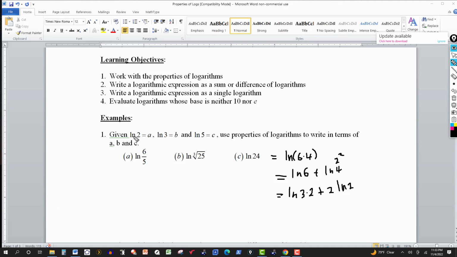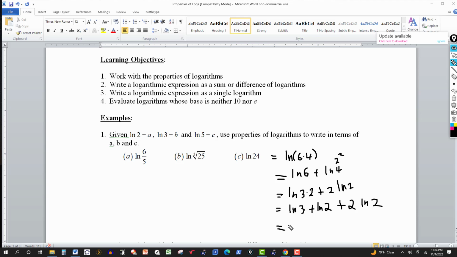So we have to come up here with log of 2, log of 3, log of 5 to get the substitution we want. So if I have a natural log of a product, I can write that as a sum of those logs. So it's the log of 3 plus the log of 2. This one I'll leave as 2 times the natural log of 2. And now I have a substitution I can use.